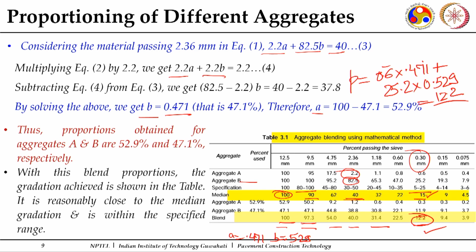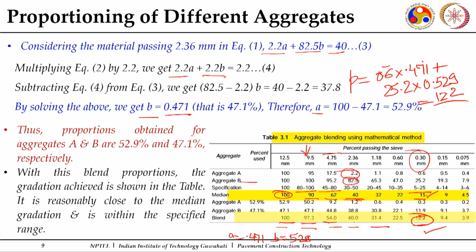So, it is a bit finer at this sieve, because I got more percentage passing. When it came to 4.75, the target was 62, I got 54, which is within the range. So, it is acceptable, but mine is coarser compared to what I require, around 60% is my target mid value.